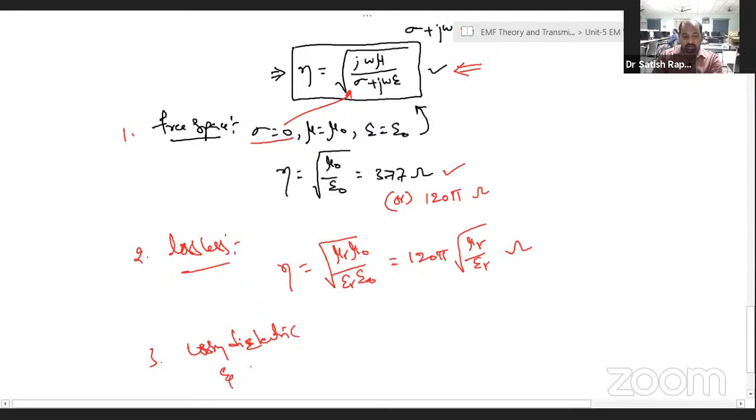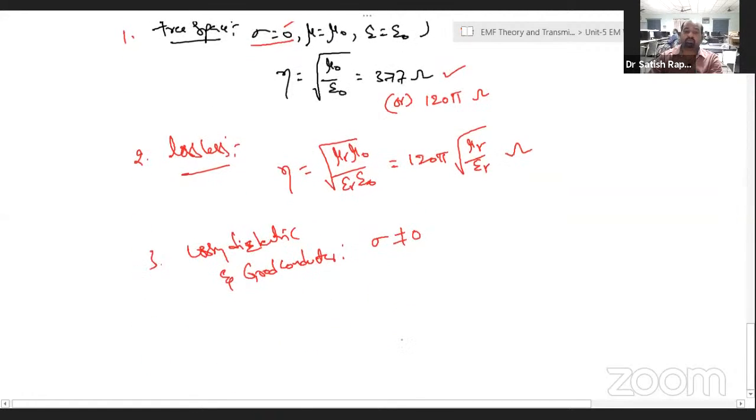And similarly, third one, for a lossy dielectric media and a good conductor, where sigma is not equal to 0, intrinsic impedance is equal to root of j omega mu by sigma plus j omega epsilon.